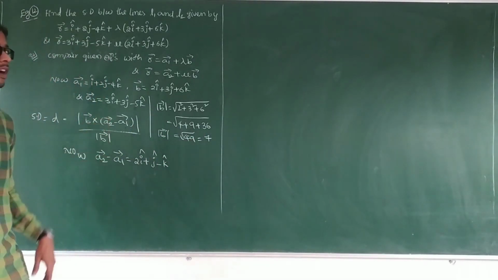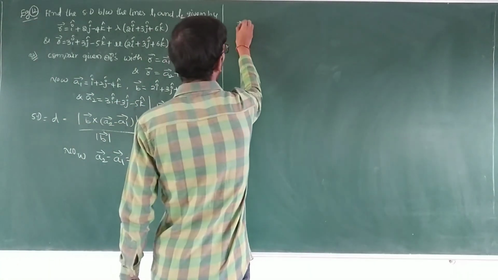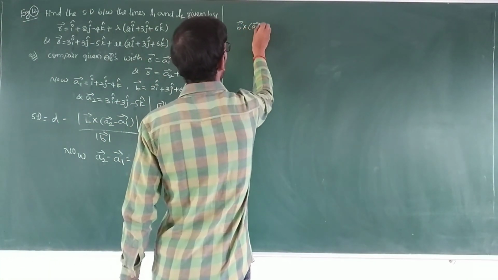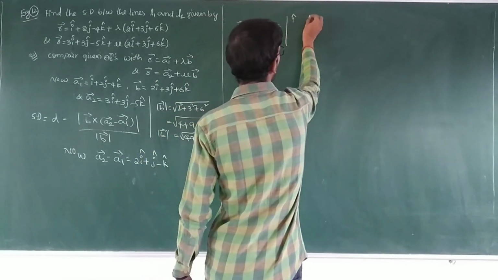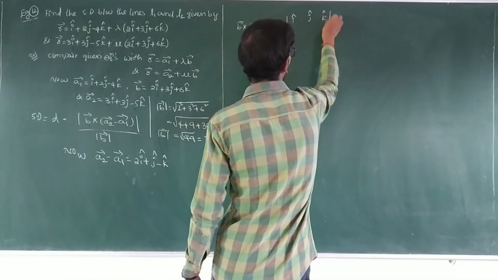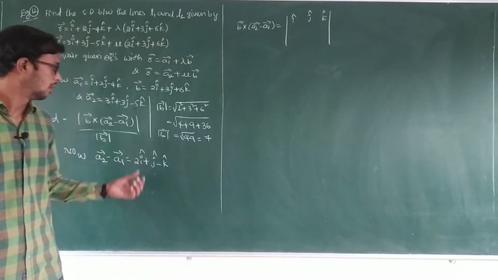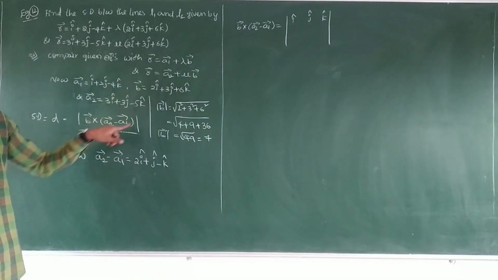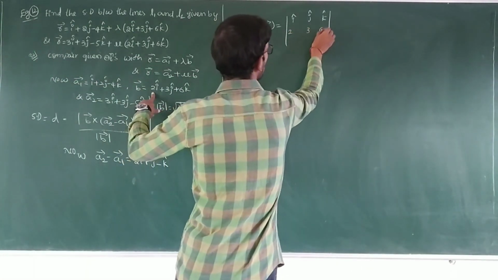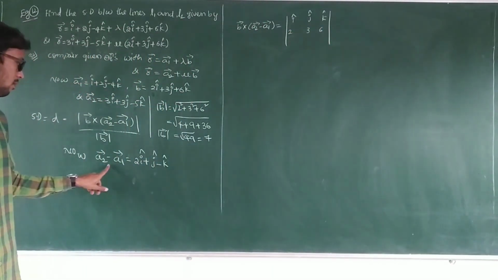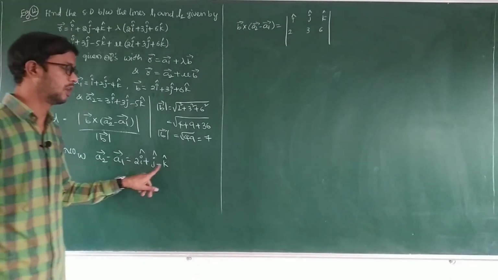So now I will find b bar cross a2 bar minus a1 bar. That is nothing but the cross product, the determinant of the two vectors. We have to find it. So b bar coefficients are 2, 3, 6, and a2 minus a1 is 2, 1, minus 1.